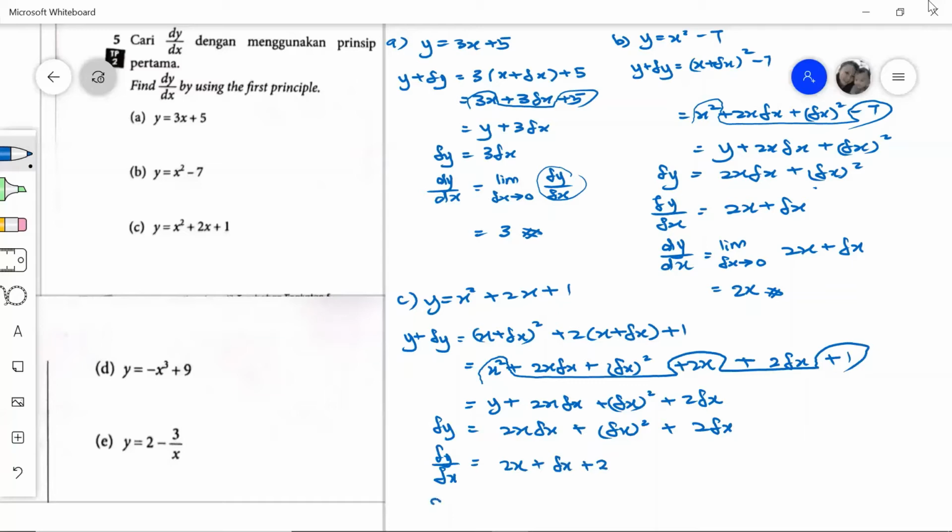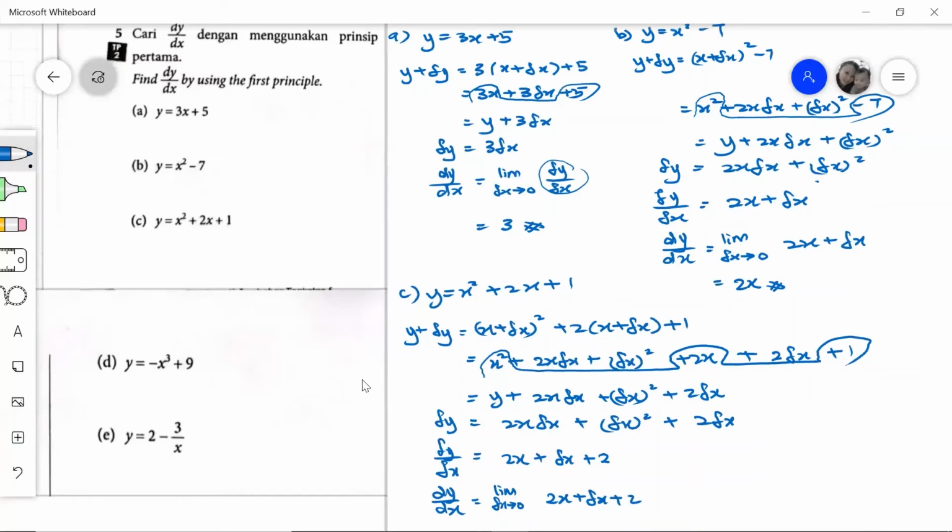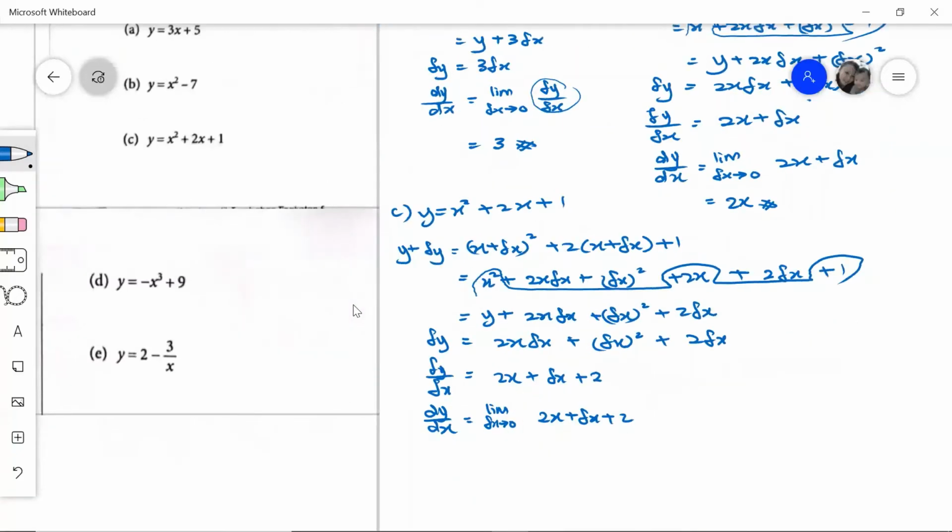So dy dx will be the limit of del y by del x as del x approaches 0. When del x is almost 0, dy dx is equivalent to 2x plus 2. Substitute del x to be 0, so we have 2x plus 2. So dy dx for question C is 2x plus 2.